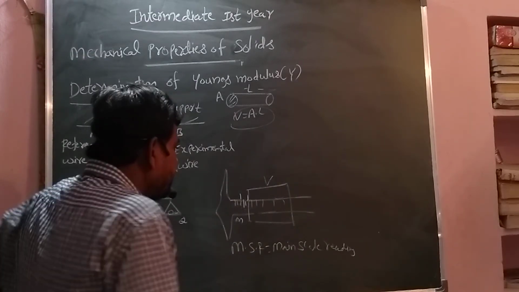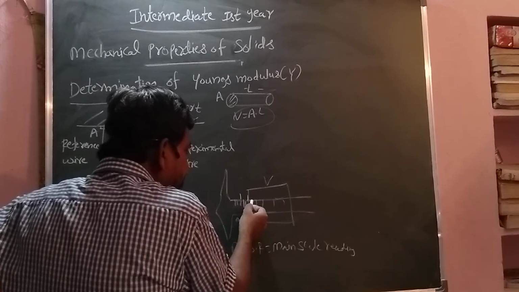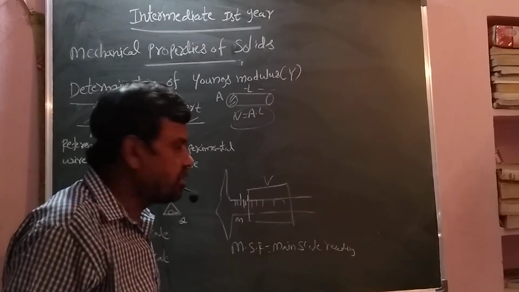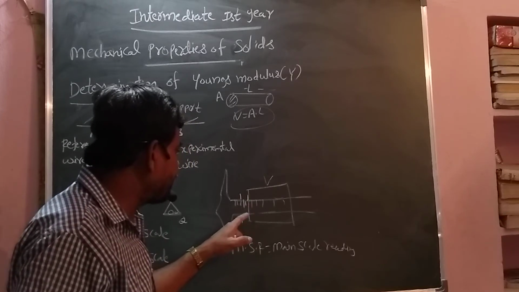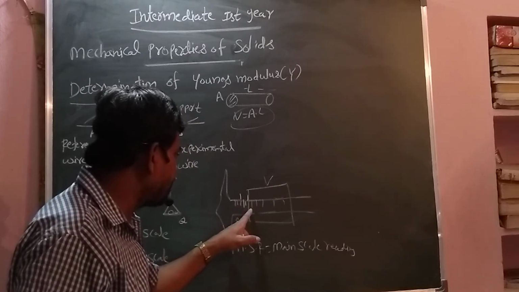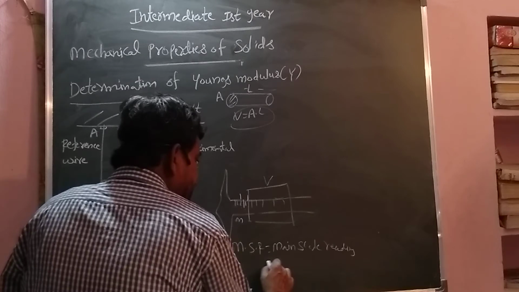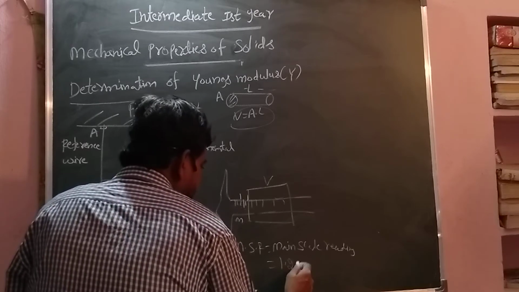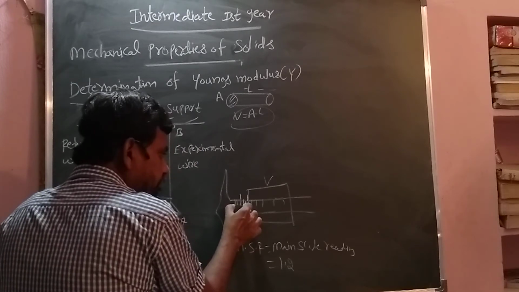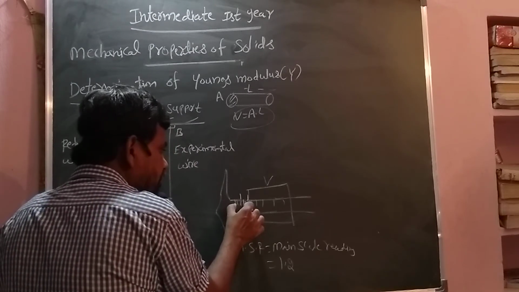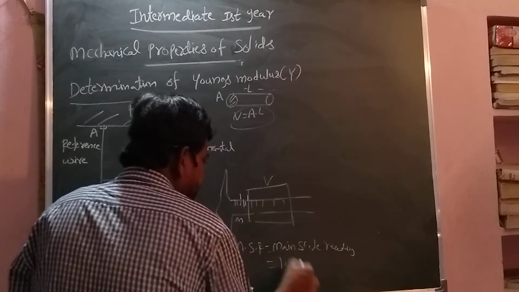Here this is 0, the first division where it is coinciding. The strip stopped at 1.2. So in this case, what is the main scale reading? 1.2. Here 10 millimeters; you take centimeters, 1.2 centimeters. So that is the main scale reading.